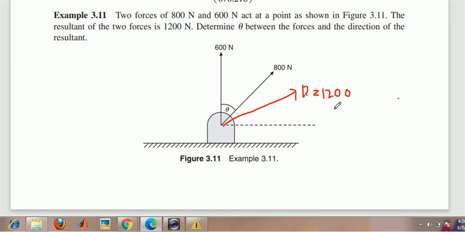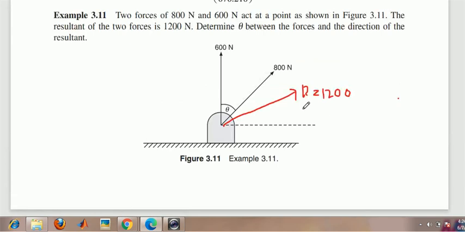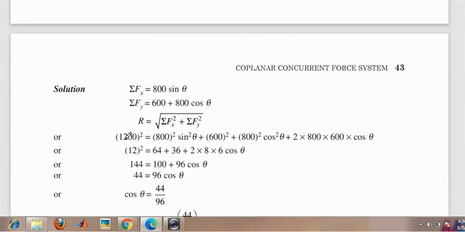Now let us see how you are going to solve this problem. What is the unknown? We need to find this theta and the direction of the resultant. First we need to find summation of Fx and summation of Fy, and by simplifying you need to find the direction.